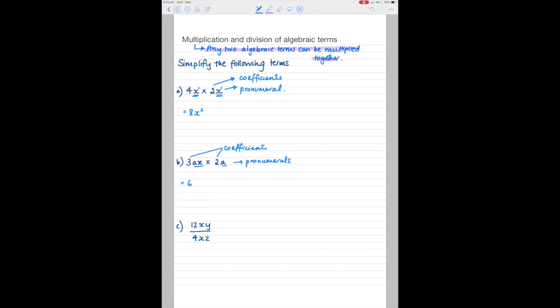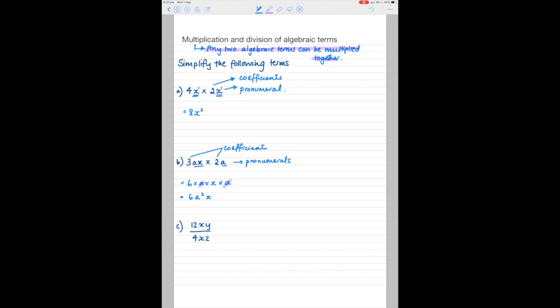Then we've got a times x. So I'll just write that in expanded form, times a. So here I've got a times a. So following the index law again, that becomes 6a squared times x. So my answer will be 6a squared times x.